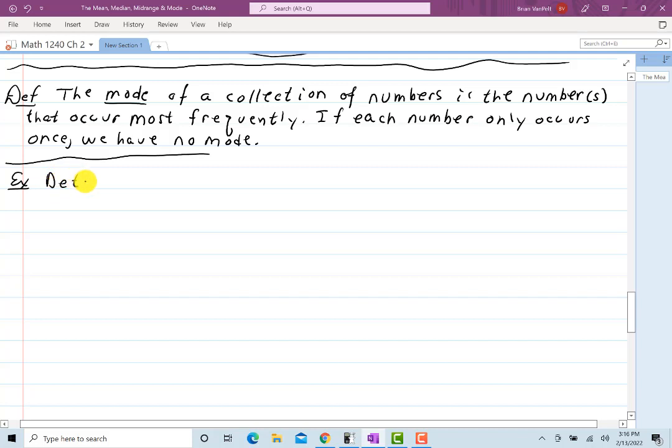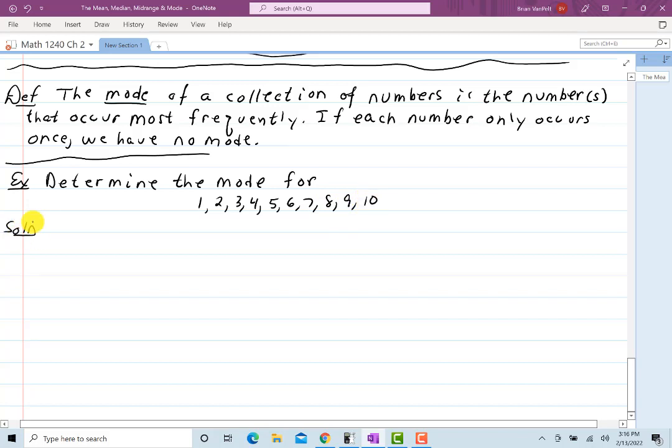Determine the mode for 1, 2, 3, 4, 5, 6, 7, 8, 9, 10. Now, since each number only occurs once, there's no mode.